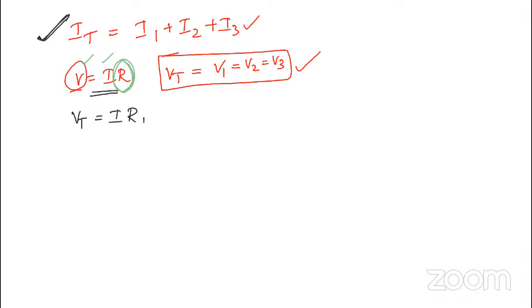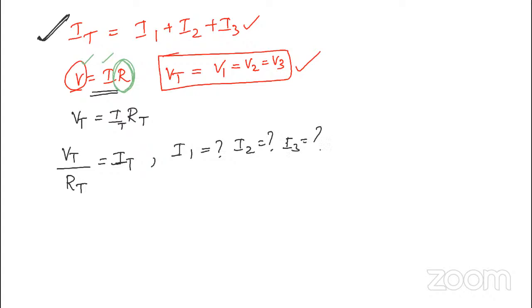அப்படின்னா இதுல இருந்து we are writing IT values. Okay, IT ஓட values என்ன வரும், VT divide by RT, which should be equal to I total. Okay, so similarly we are writing I1. I1 க்கு values எழுதுங்க, I2 க்கு values எழுதணும் and I3 க்கு values எழுதணும். Okay, so இப்ப general நான் எழுதிடுறேன்.